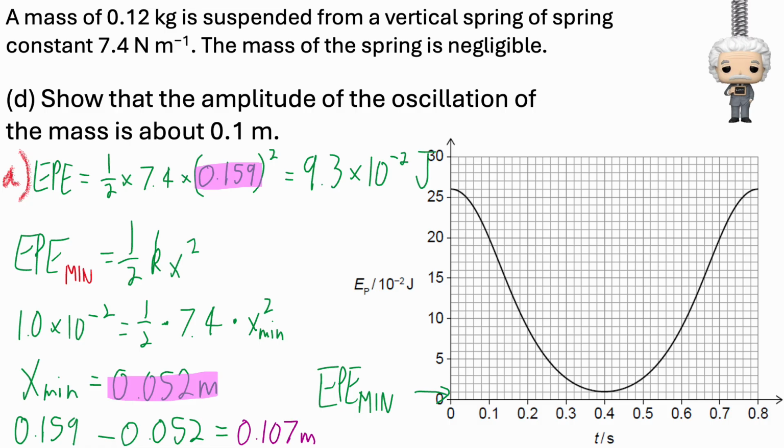To recap, we already had the elastic potential energy stored at equilibrium, and from that we got the extension in part A. Then we use the minimum elastic potential energy, which gives us a new distance at its maximum amplitude. We can figure out the difference based on the difference between the two extensions.